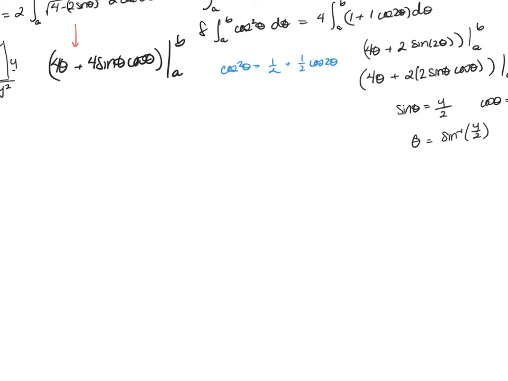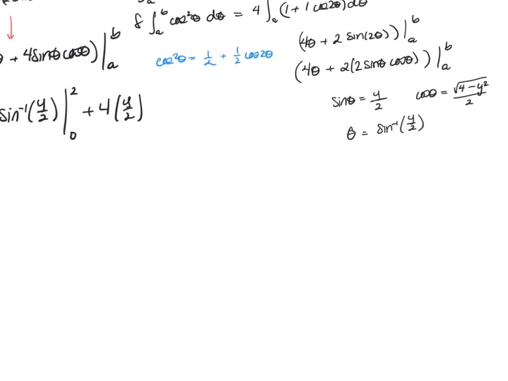But theta is the sine inverse of y divided by 2, so 4 times the sine inverse of y divided by 2, evaluated from, and I can go back to what I had, which is 0 to 2. And then plus 4, sine theta gets replaced with y over 2, and cosine of theta gets replaced with the square root of 4 minus y squared divided by 2, evaluated from 0 to 2.